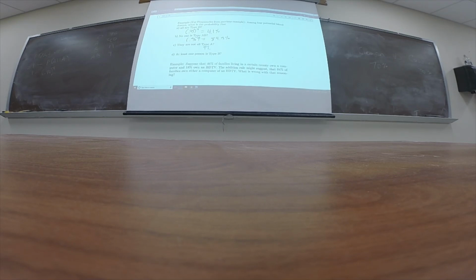At least one person has type B. If I see the words at least, it means my complement rule. The opposite of at least one person would be none, right? Okay. Probability that none are type B is what?